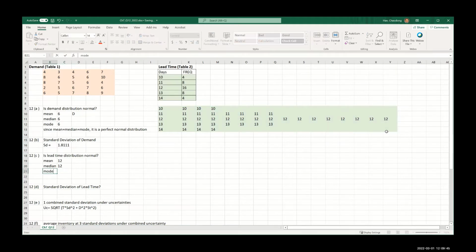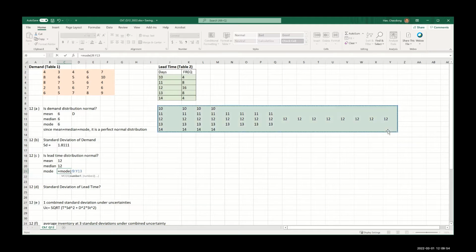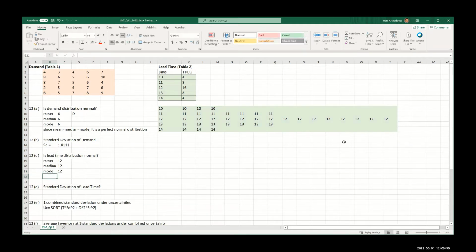Then the mode, select them. Also 12. So lead time is normally distributed.